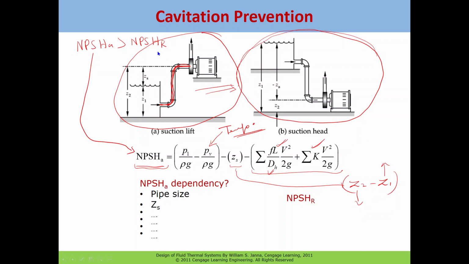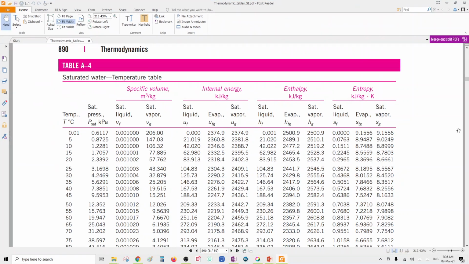So at 20 degrees Celsius, the saturation pressure is 2.3392 kilopascal. At 40 degrees Celsius, it is 7.3851 kilopascal.